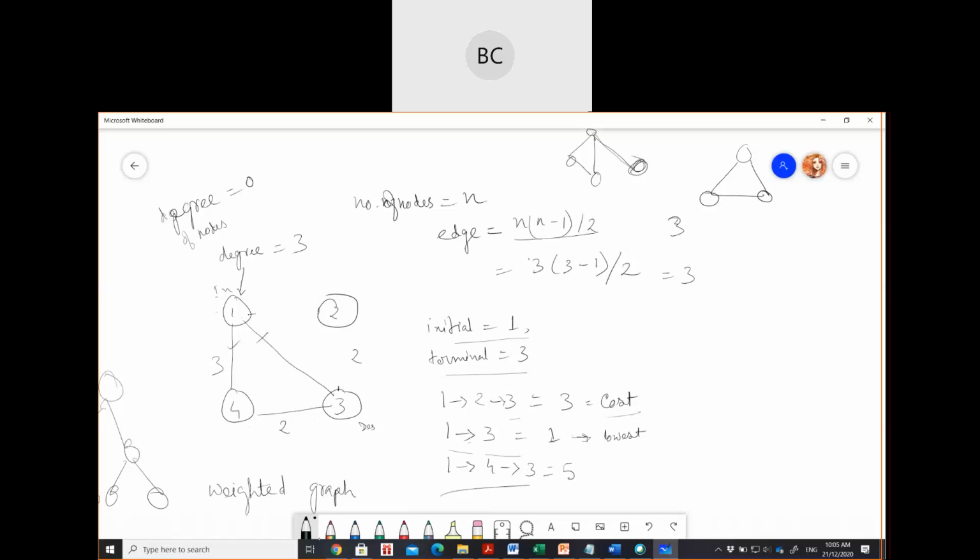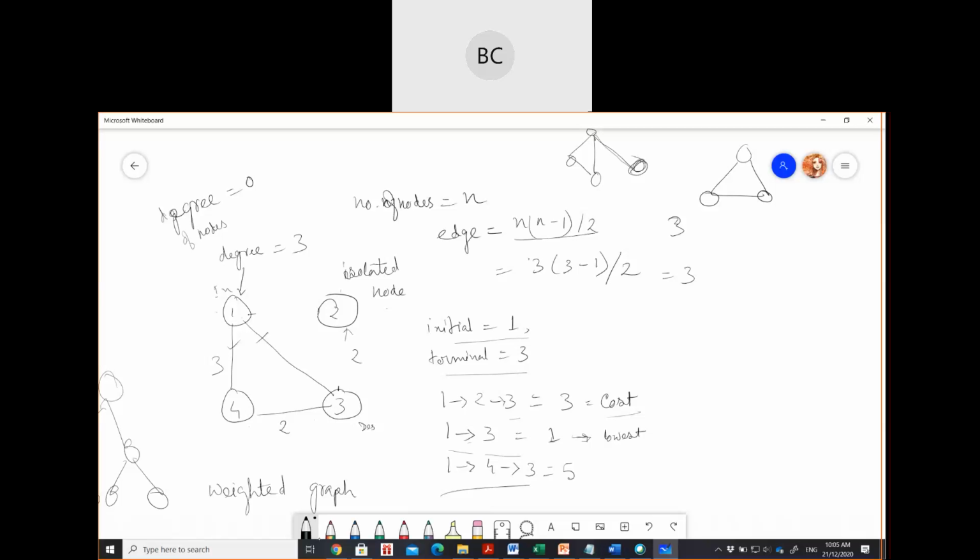This is also a graph, but in this case 2 is your isolated node. So obviously this is not a complete graph, correct? This is not a complete graph, but it is a graph. There are 4 nodes and 3 edges, and one node is an isolated node, and for that isolated node your degree is 0 because no edges are connected to this node.